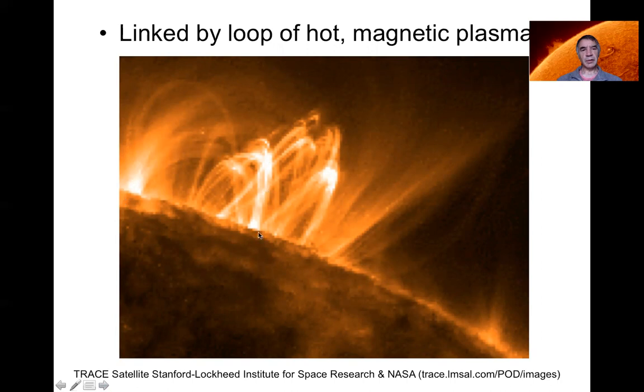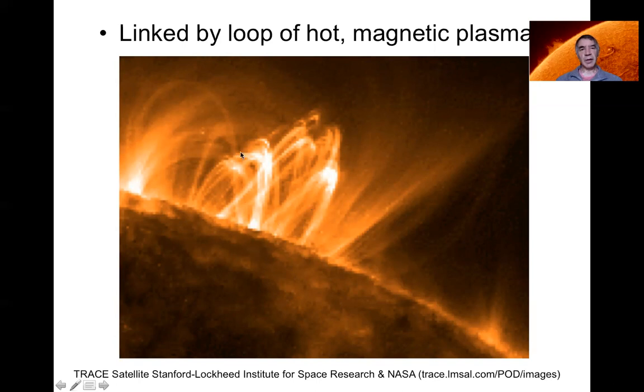And so there would be a sunspot at the base of this loop on this end, and then going over here, the other end of the sunspot pair, the bipolar pair, would be on there. And similarly here, you can see more loops. So quite complex. But that's exactly what you see.